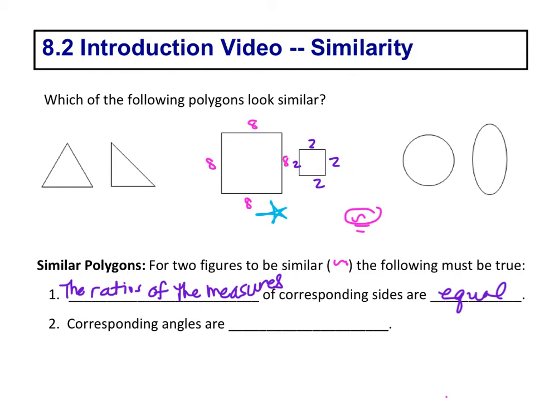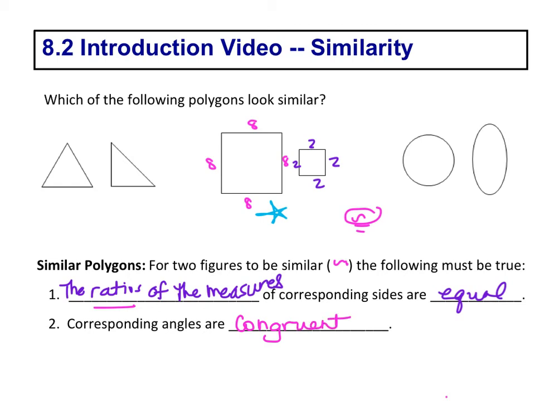We'll get more into finding the ratios, but you can see that each side was multiplied by 4. That's consistent with every side of the polygon, so that means that the ratios of the measures are equal.